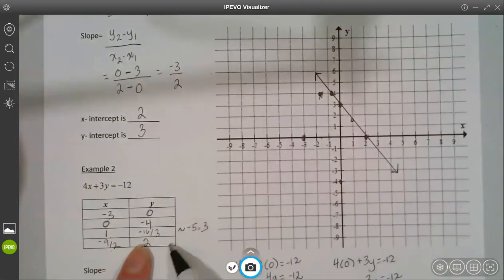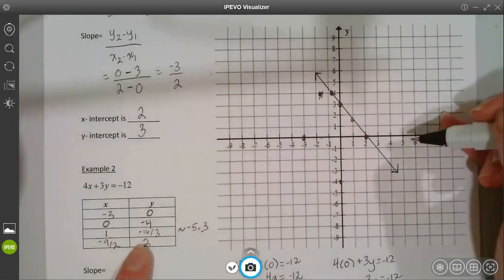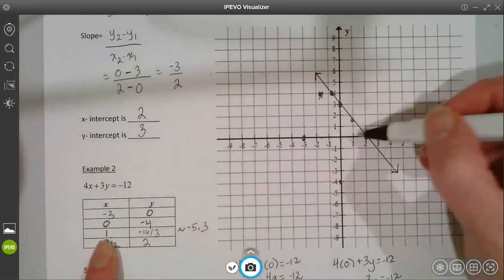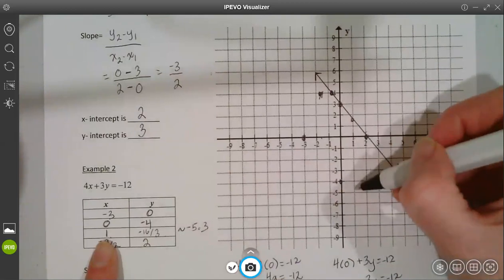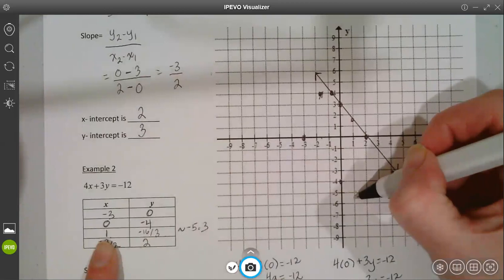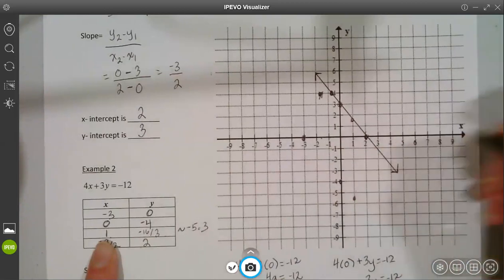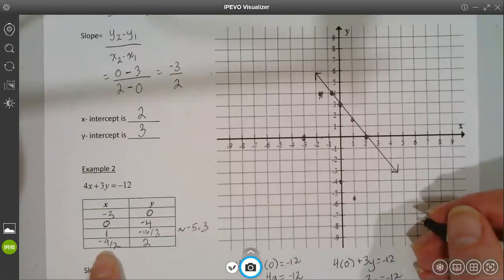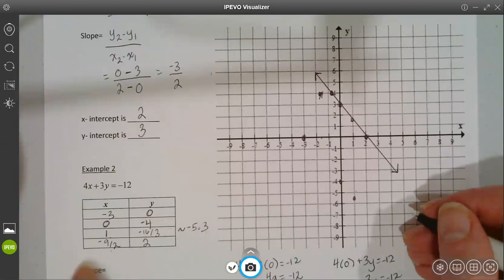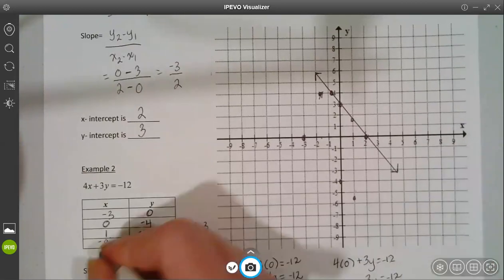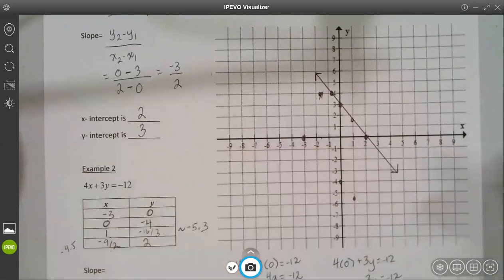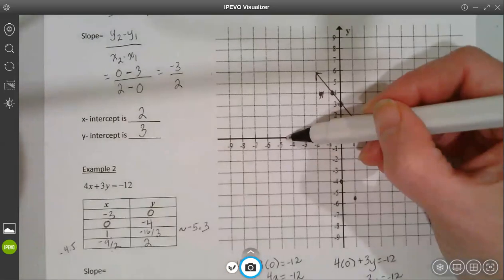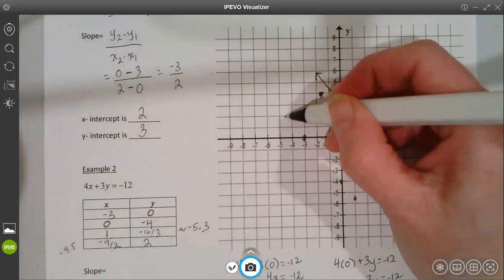At this point, you are welcome to take your calculator and come up with the decimal equivalent, and that will help you to visualize where that point is on your grid. So when x is equal to 1, my y value is negative 5.3, so it's down here. And the next one, when x is negative 9 over 2, now negative 9 over 2 is equal to negative 4.5. So when x is negative 4.5, my y value is 2.